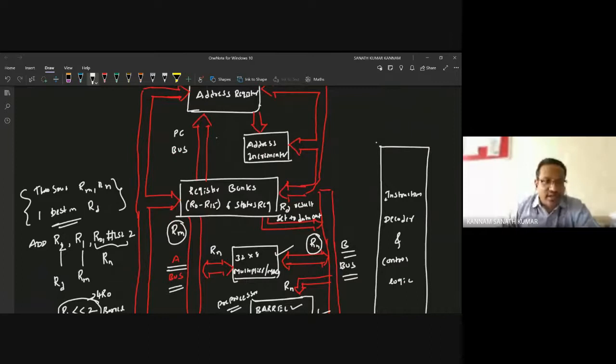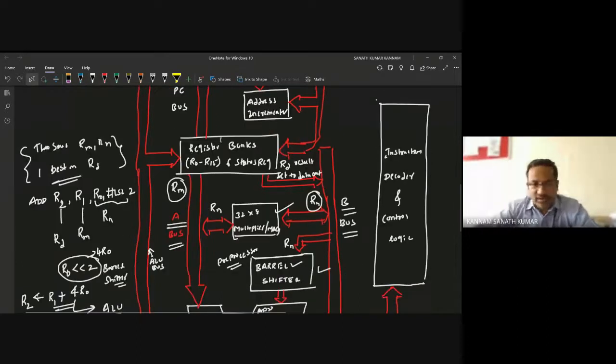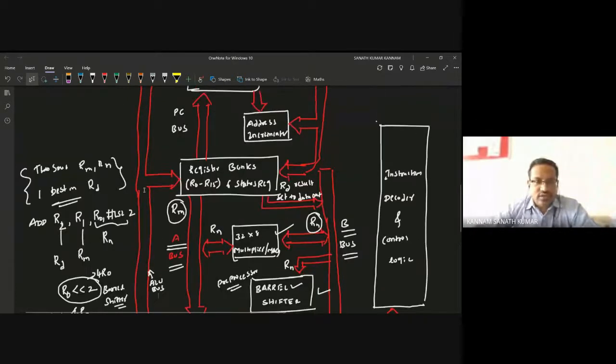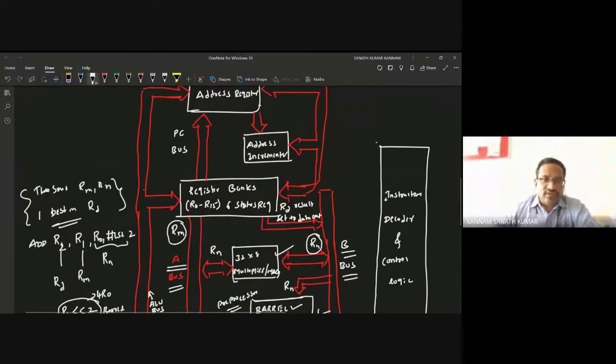Through the ALU bus the result is passed and stored again in the registers, in the destination register. In this example, the result is stored in R2, which is the destination register.